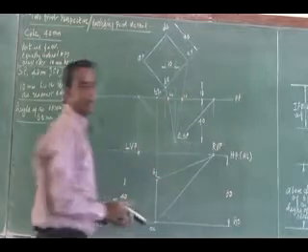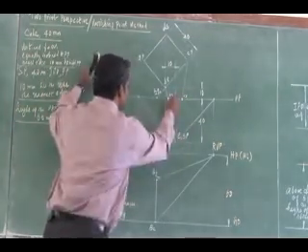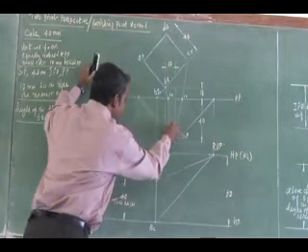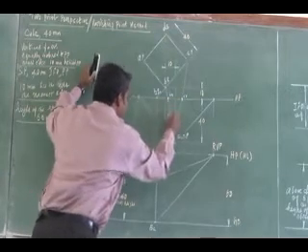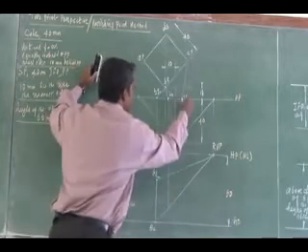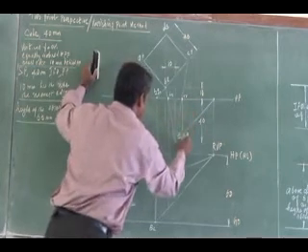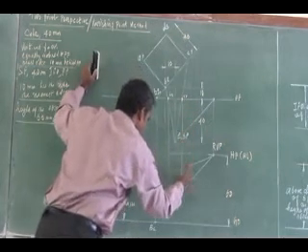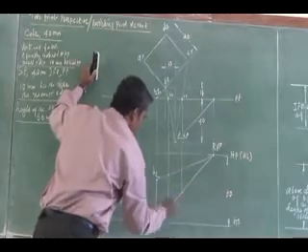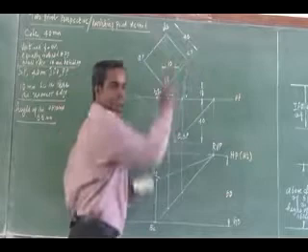This is CR intercept. So just project this to the corresponding vanishing lines. So I have got the perspective view of this face BQCR.